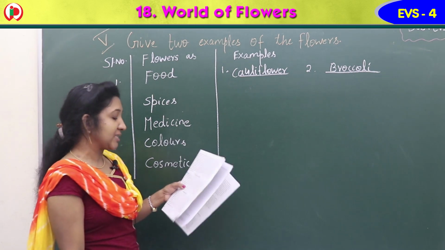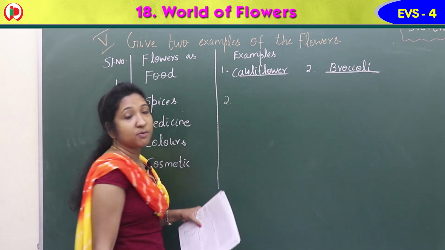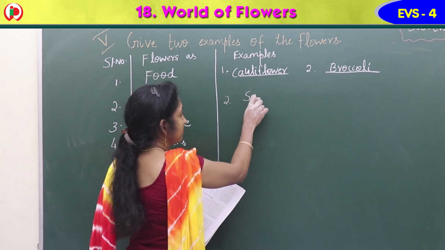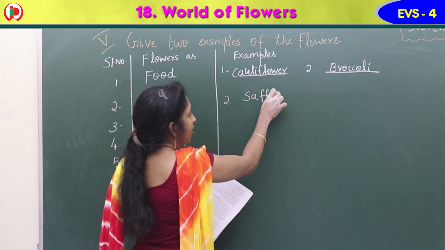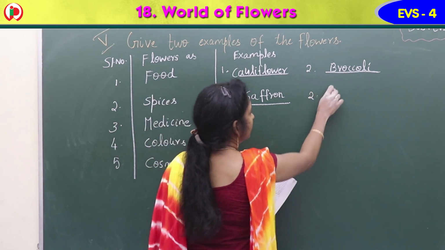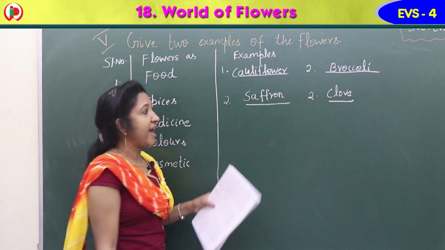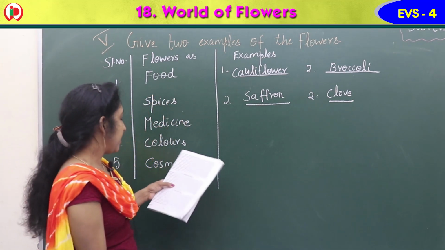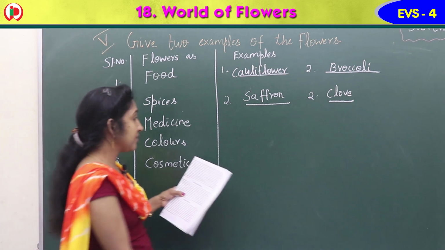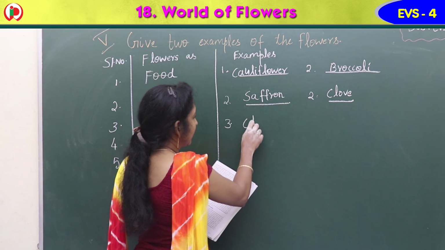Then spices. Which flower spice we use as spices? Yes, saffron. Then clove. Flowers as spices are saffron and clove. Now third, medicines. For medicine, yes, chrysanthemum and jasmine we can write.